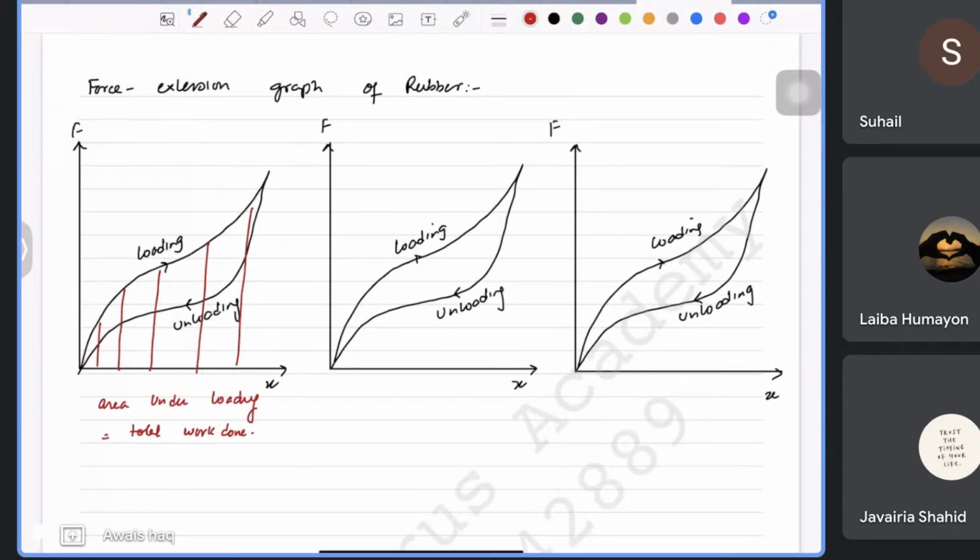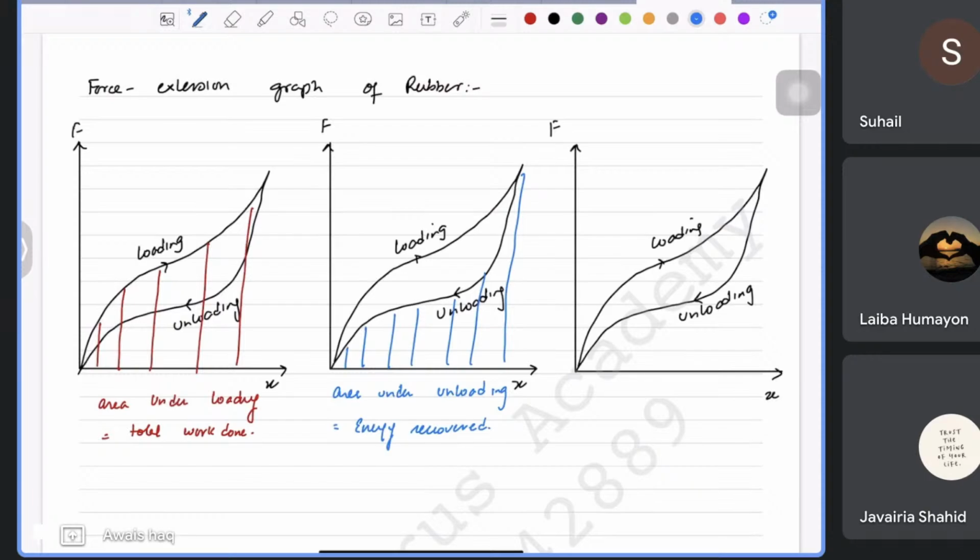Now, the area under unloading, which is this one, basically shows you the energy recovered. This is the energy responsible to bring it back into its original shape.